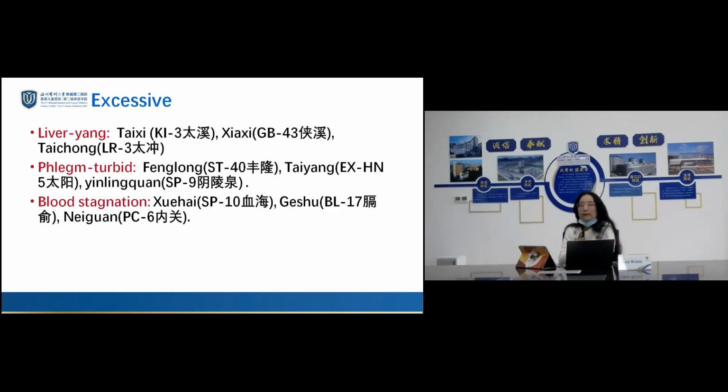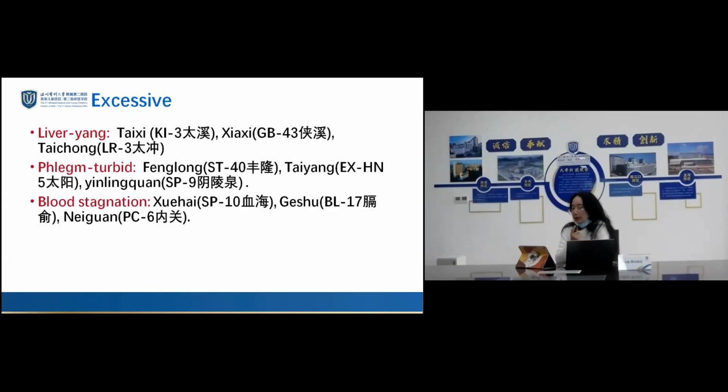And if it's phlegm, we choose Fenglong stomach 40. This point is extremely efficient for all kinds of phlegm disease, no matter if it's phlegm in your throat, phlegm in your abdomen, or sometimes we think that being overweight is because you have a phlegm condition of the body, and you also can use stomach 40 to lose weight.